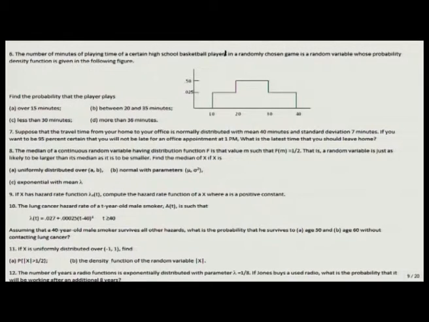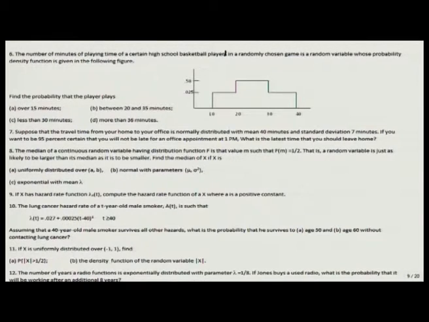Less than 30 minutes, same thing: the area to the left of 30 will be the answer. And more than 36 minutes will be somewhere here, to the right. So, this was just to illustrate how, when it is convenient, you can just look at the graph of the PDF and find the required probabilities.